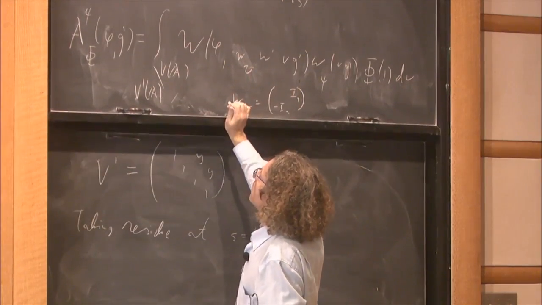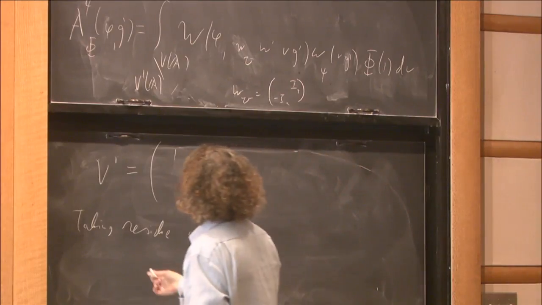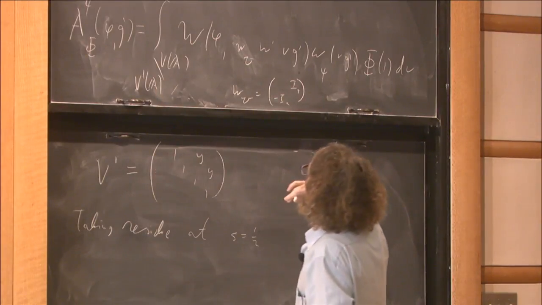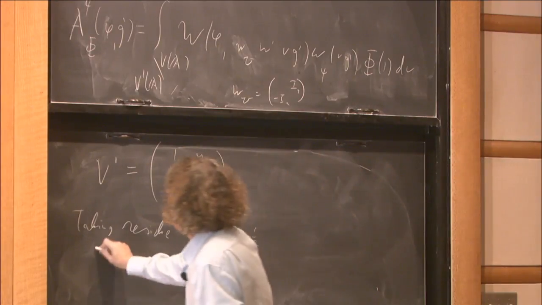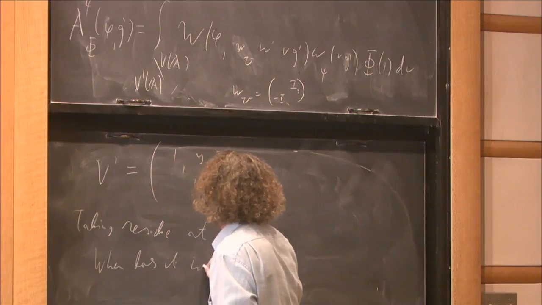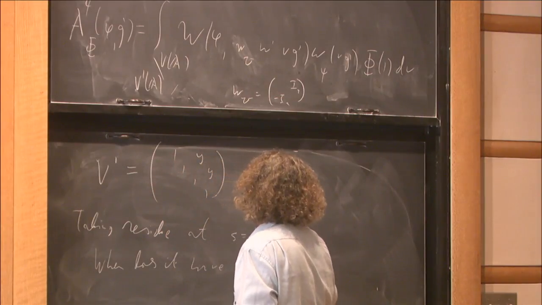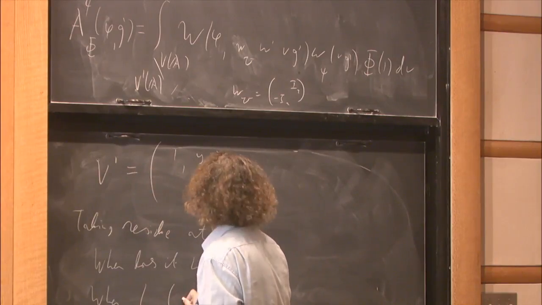So if you want to get a pole, that means you'll get a pole for the L function. Now, when does the L function have a pole? Well, that's when this L function has a pole.